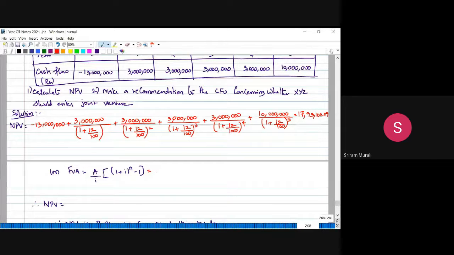This is a two-way method of doing net present value: one is this method, another is future value annuity, that is 12 by 100 into 1 plus, minus 1. I get 14,33,000. 14,33,000, $7,983.999.